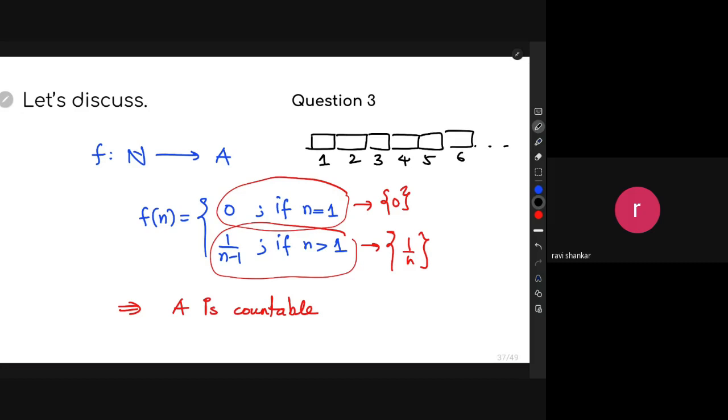Now you want to put the elements of A in these places. By definition, I put 0 in the first place. What is n equal to 2? f of 2 is 1 over 2 minus 1, which is 1. What about n equal to 3? It is half. Then 1 over 3, 1 over 4, 1 over 5.